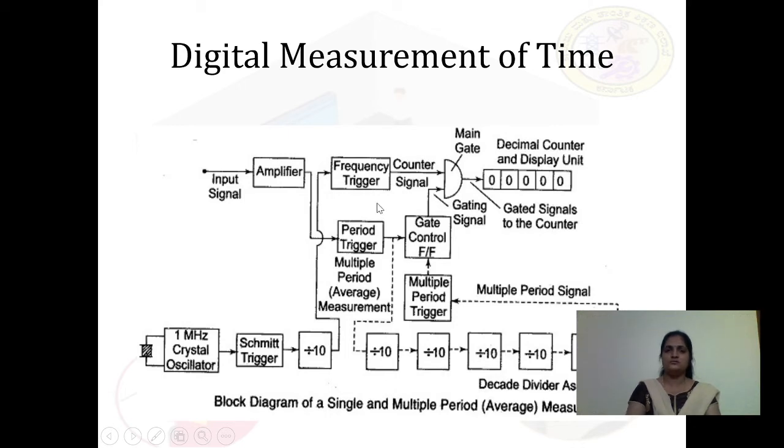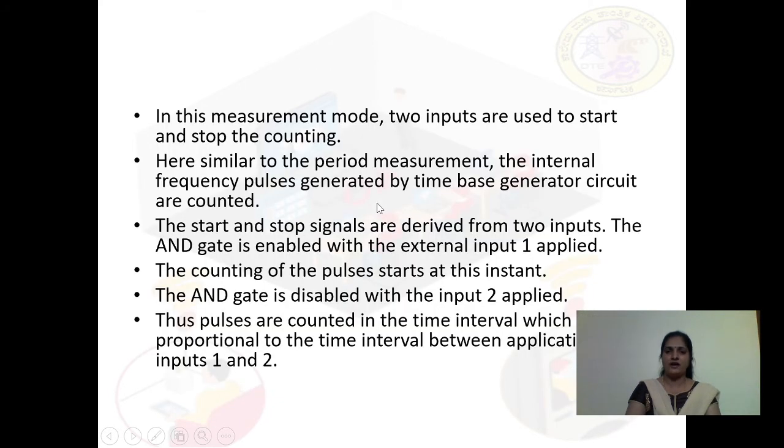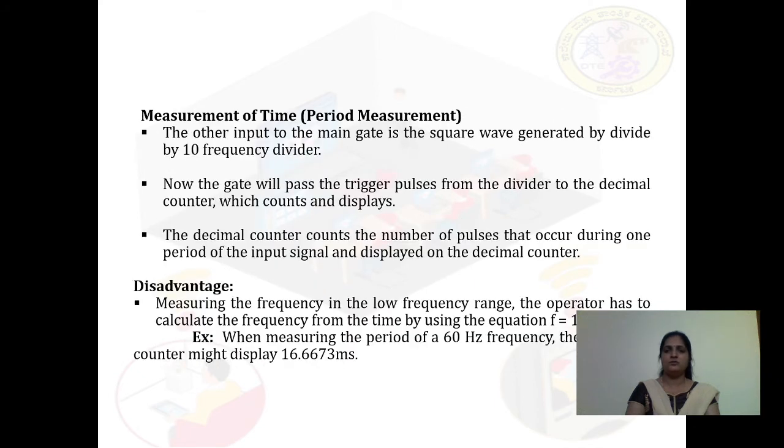This is about the digital measurement of time, and the next line gives the same explanation, that is the working principle of a digital measurement of time. In this digital measurement of time, there is one major drawback or disadvantage: we can measure only the low frequency range.